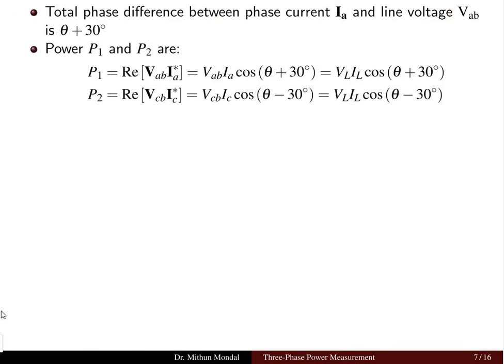Hence, the powers measured, P1 and P2 in the two wattmeters, are basically the real part of the complex power. Complex power is basically V I conjugate. Here we are using the line voltage and the line current, and the line current is equal to the phase current because it is a star connected system.